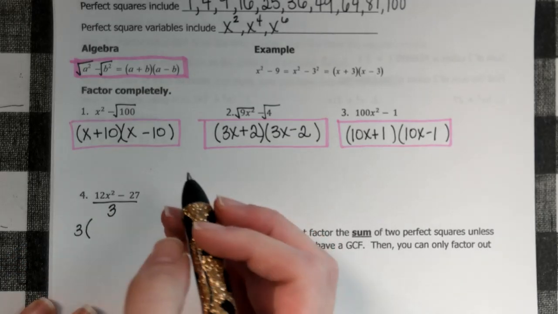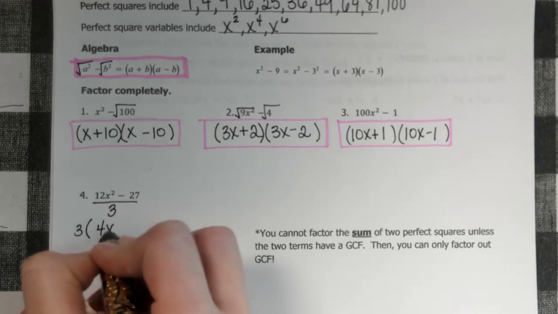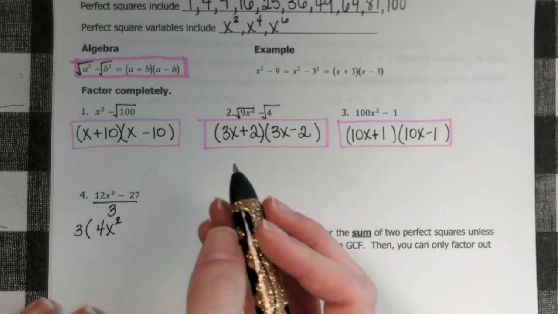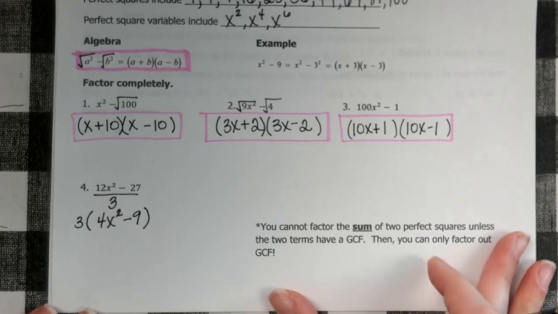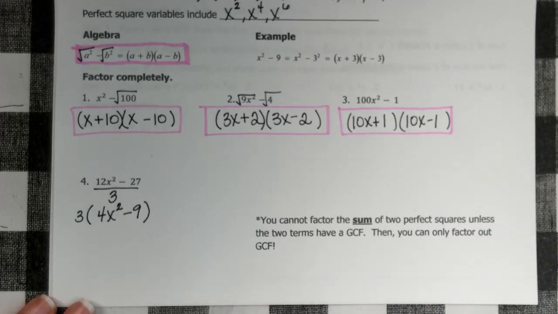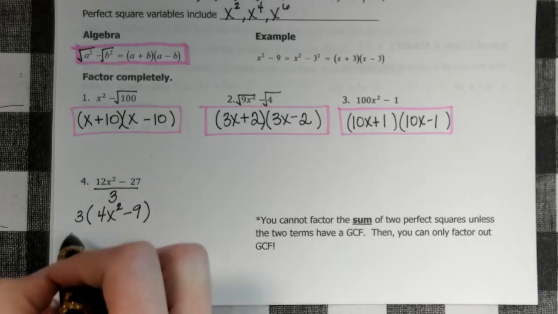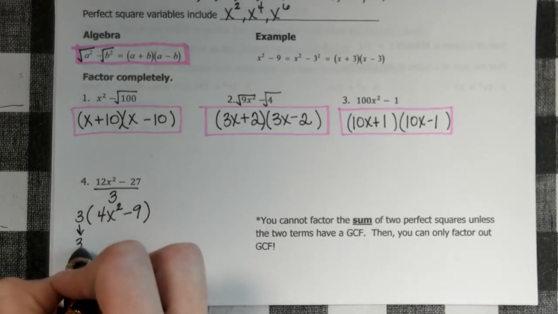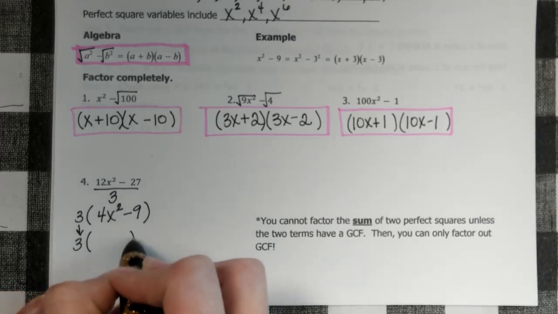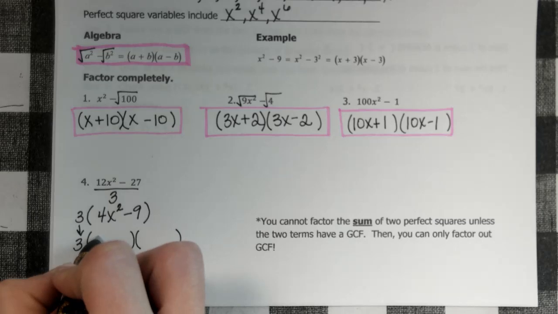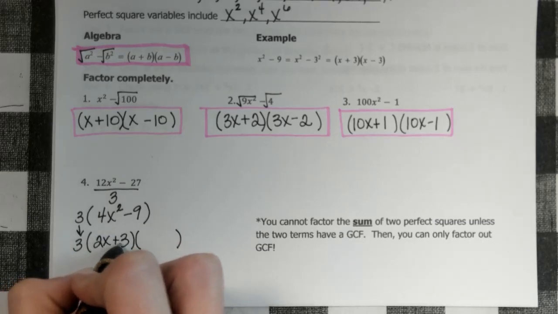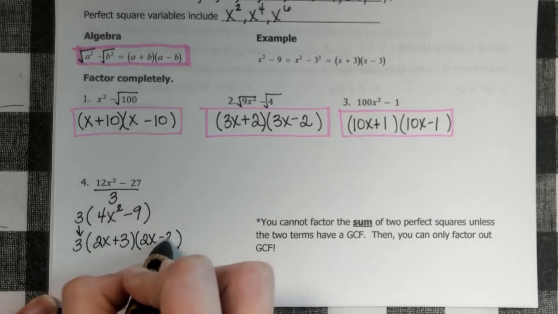So 12x squared divided by 3 leaves me with 4x squared, and negative 27 divided by 3 is a negative 9. So then 4x squared minus 9, is that now the difference of two squares now that I've divided it by 3? Yes, so remember to take your GCF and bring it down, and then you'll split 4x squared minus 9 into what? 2x plus 3 and 2x minus 3.